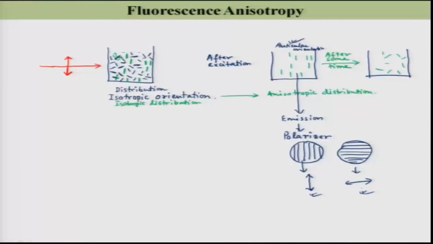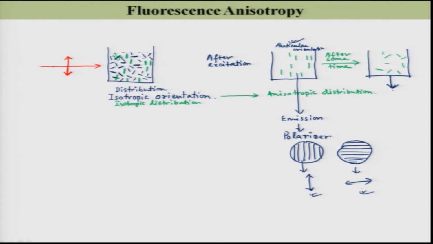So, this is a kind of anisotropic distribution, anisotropic polarization, but as time goes the molecules will reorient themselves to make it isotropic. That means the light which comes out from this system after a certain time, the intensity in the vertical direction and the intensity in the horizontal direction will be similar.